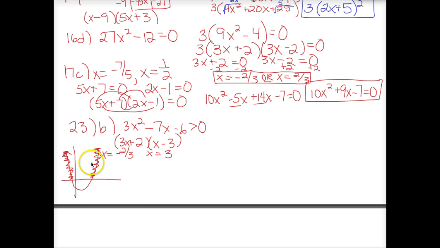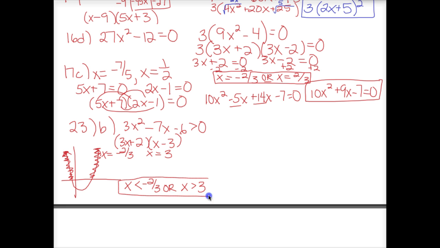And we said that whenever the answer is the arrows, that means that your final answer should be an or, meaning x is less than my smallest x-intercept, or x is greater than my largest x-intercept.